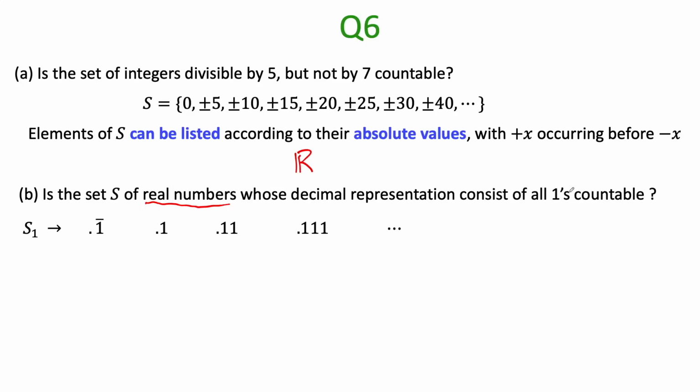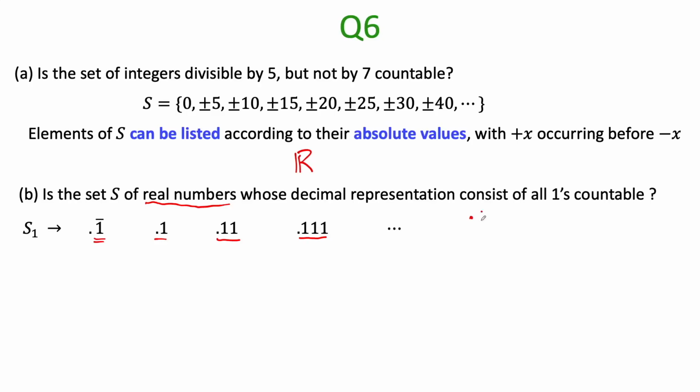Let S1 denote the real numbers consisting of only ones, where you don't have anything before the decimal point, and after the decimal point you list the real number where you have a recurring one, that means an infinite series of ones occurring again and again, followed by the real number 0.1, followed by 0.11, and so on.